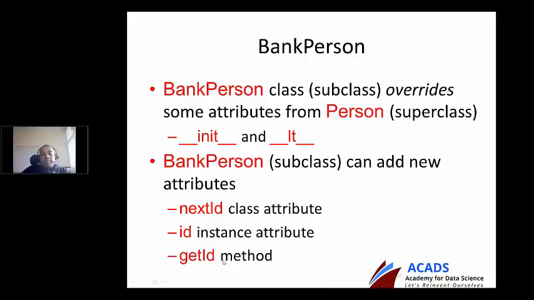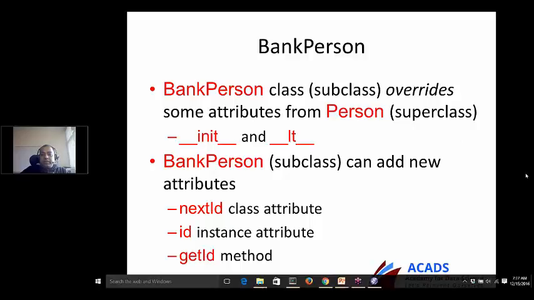But the thing to remember is any variable which is outside the body of a function, or which you refer to using the class name, becomes a class member, but the data members which are defined using self become object specific members. Any questions up to this point?